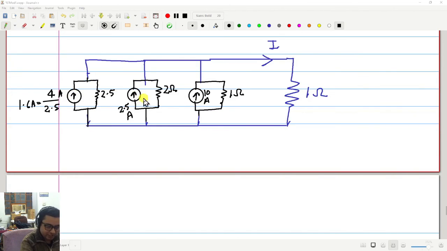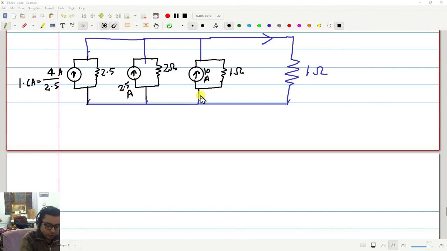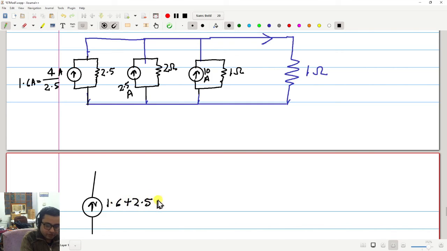3 current sources. So that means it is delivering 1.6, it is delivering 2.5 ampere, it is delivering 10 ampere. So all of this together, I can say that they will deliver a current equal to 1.6 plus 2.5 plus 10 ampere, which is 14.1, right?